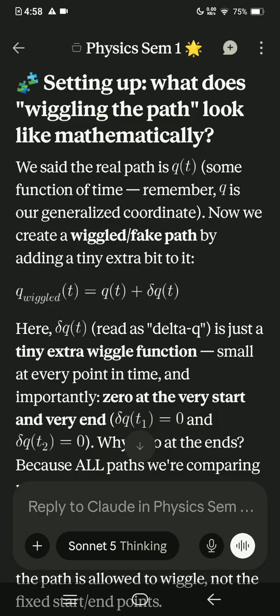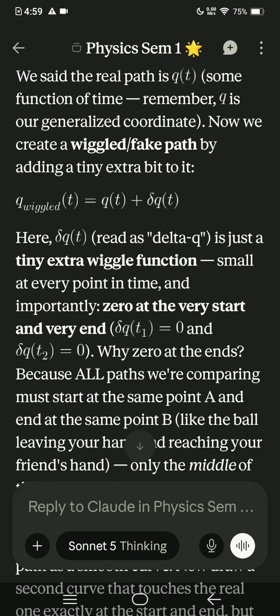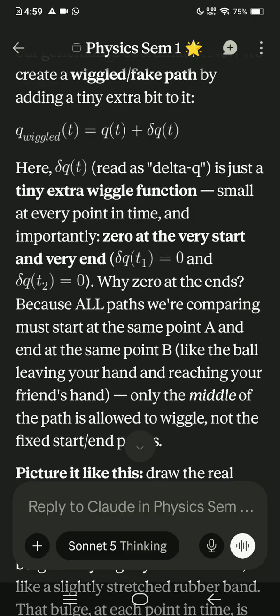So q wiggled (t) is q(t) plus delta q(t). Here delta q(t) is just a tiny extra wiggle function, small at every point in time, and importantly, zero at the very start and very end.